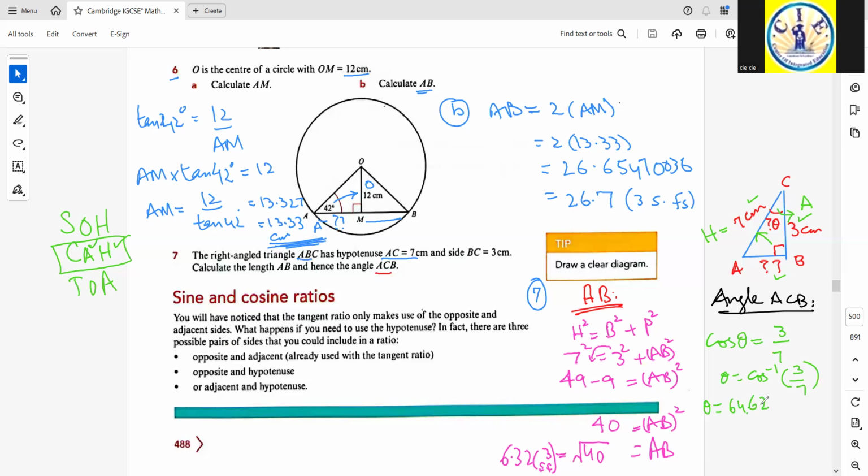And if I give the answer to one decimal place, it is going to be 64.6 degrees. So that was question number 7 and exercise 15.6. I hope you have understood it.